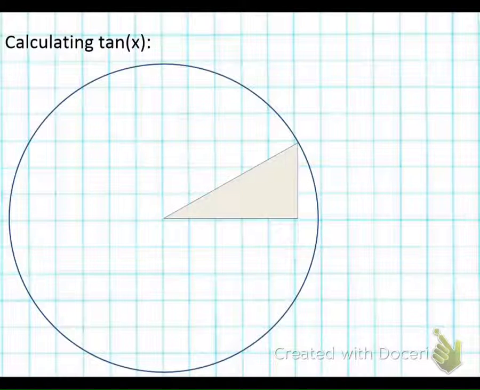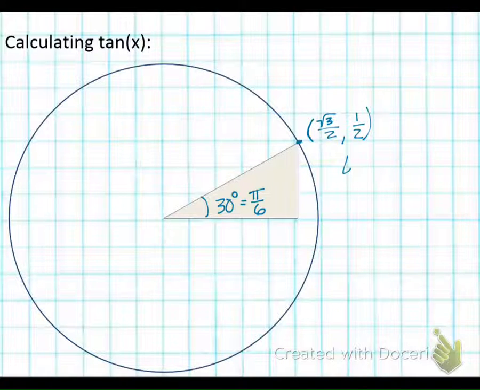Okay, for a specific angle, let's say we're talking about 30 degrees, which is pi over 6 radians. I know the x-coordinate here, or the cosine value, is rad 3 over 2, and the y-coordinate, or the sine value, is 1/2. So if I'm thinking about tangent, I can just look at y over x, which is 1/2 over rad 3 over 2.